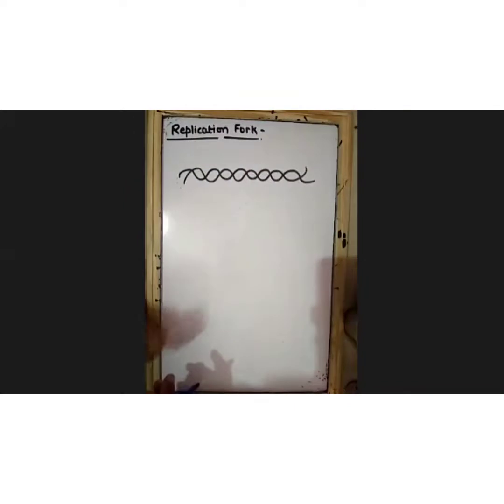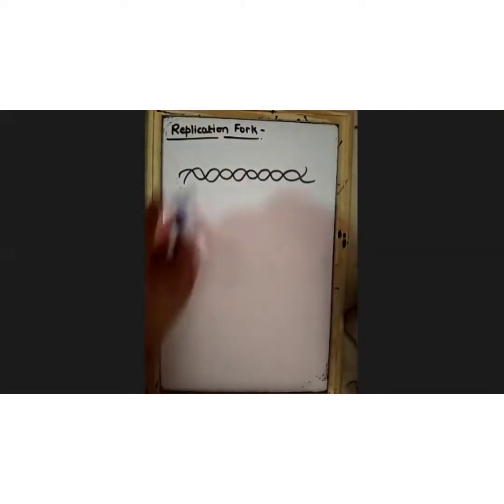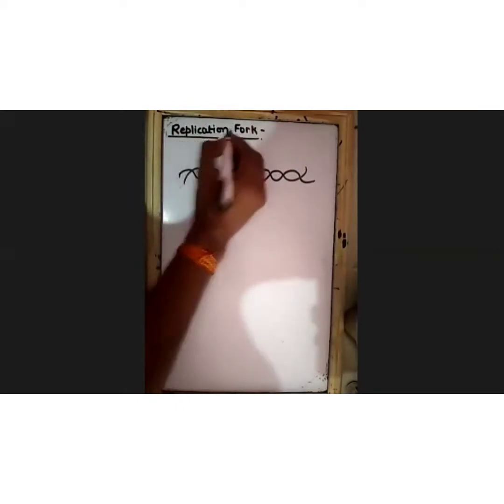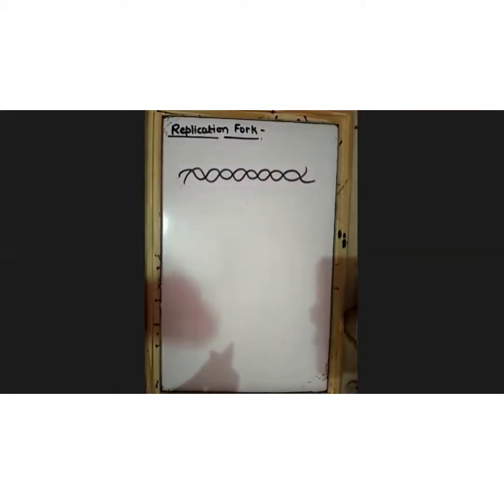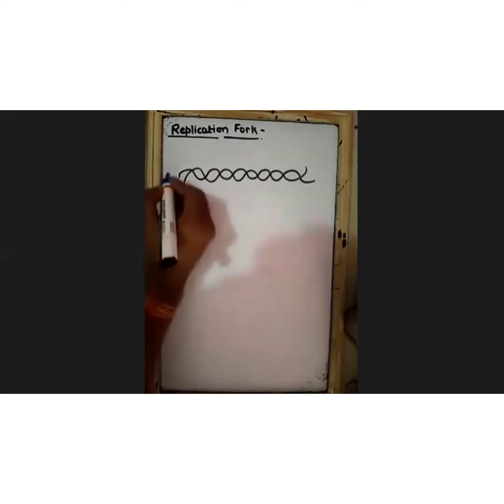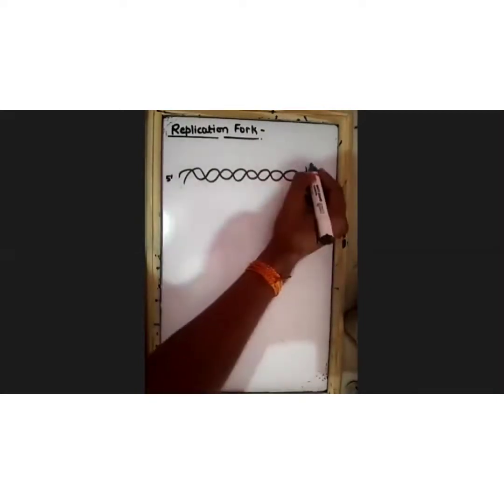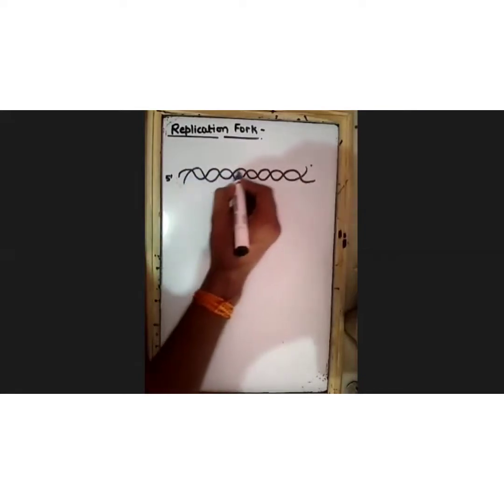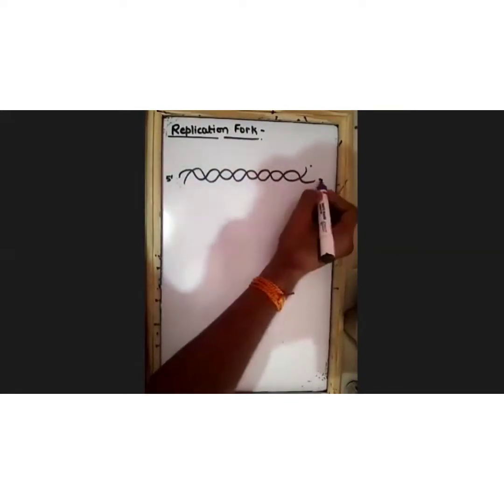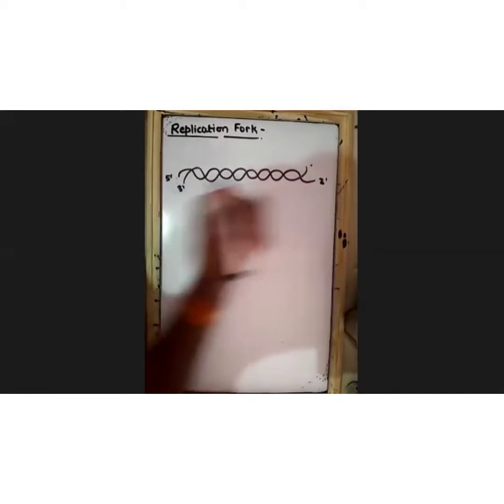To start the polymerization, or the addition of nucleotides on the strand, we have to separate these two strands. One is 5 prime to 3 prime and the other is 3 prime to 5 prime.